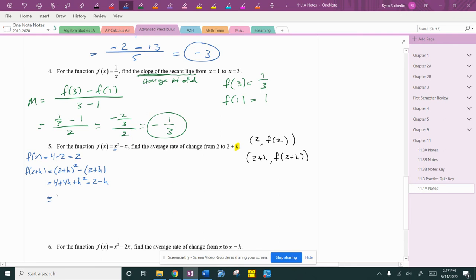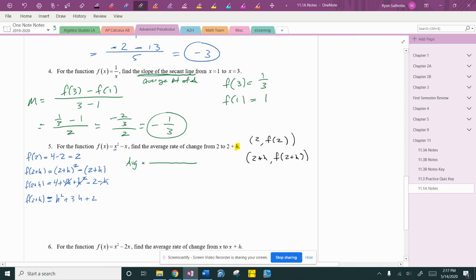And this simplifies, let's see, we get h squared, 4h minus h is 3h, 4 minus 2 is 2. So here is what f of 2 plus h is. So now I'm going to do our average rate of change formula.